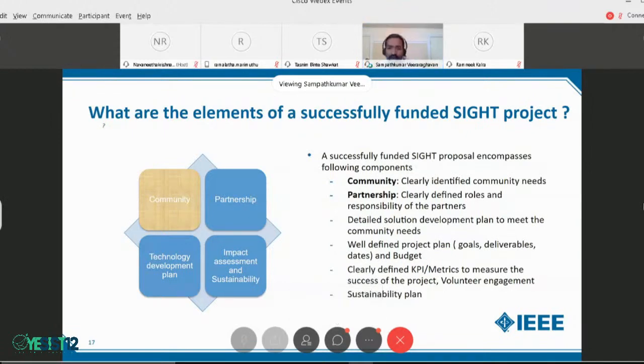So make sure your proposal clearly calls out the metrics as well, the number of volunteers involved, the number of people who get benefited, what are the tangible outputs, right? What are the outcomes you are generating? Outcomes can be like, you may install an off-grid solution to a low resource setting community, but that in turn may allow students to gain more access to electricity, so they can spend more time reading and learning.